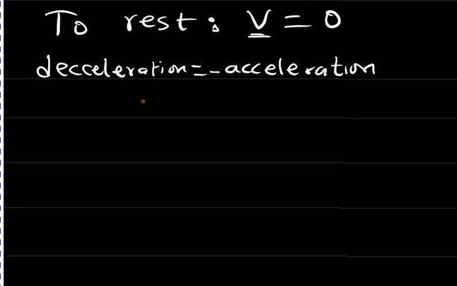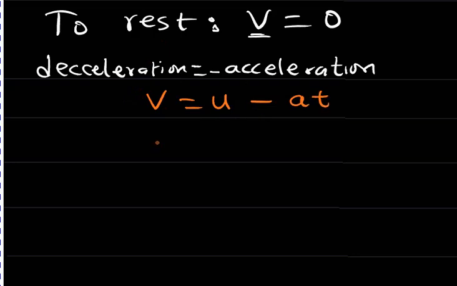So for the first equation, we have v is equal to u. Instead of plus at, I'm going to have minus at. Don't forget. Instead of having plus at for the first equation, I'm going to have minus at. v is equal to u minus at. Don't forget that.